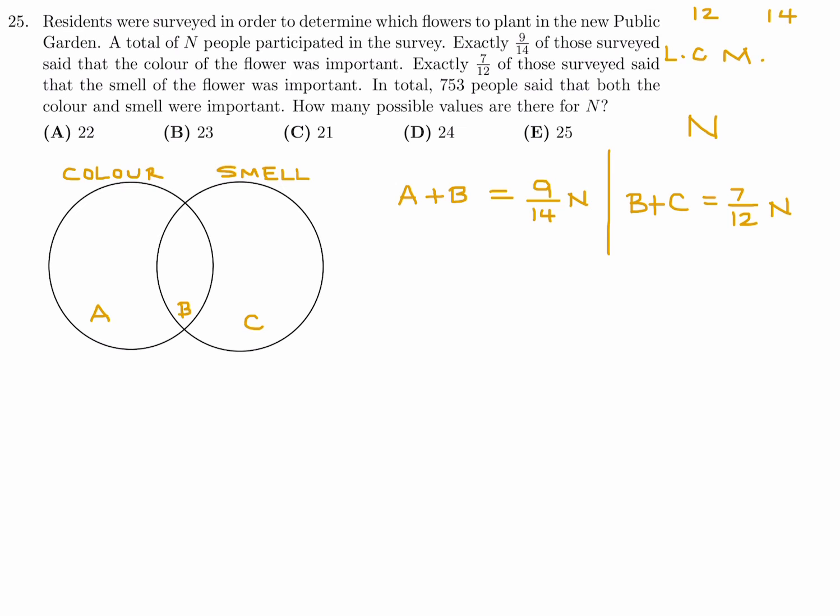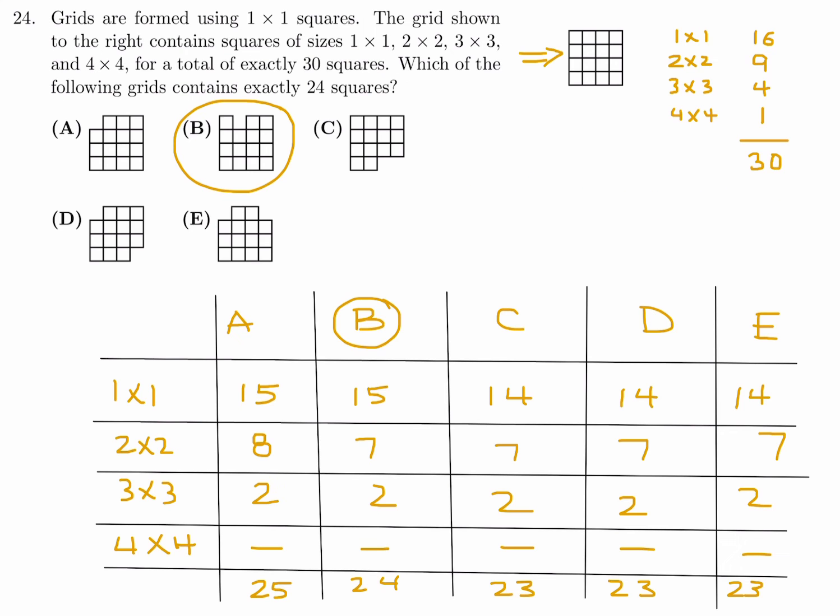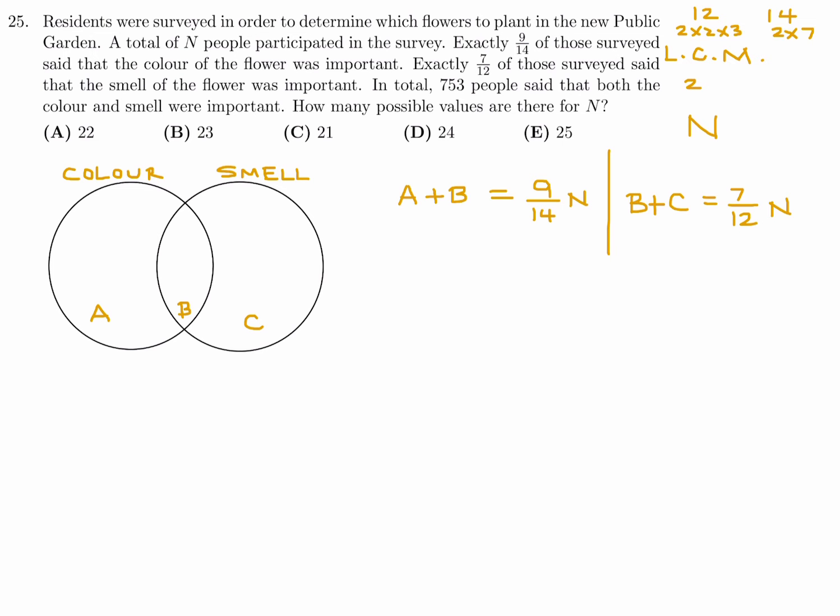Well, 12 is 2 times 2 times 3, and 14 is 2 times 7. So the least common multiple is 2 times 2 times 3 times 7, and that's 4 times 21, which is 84.